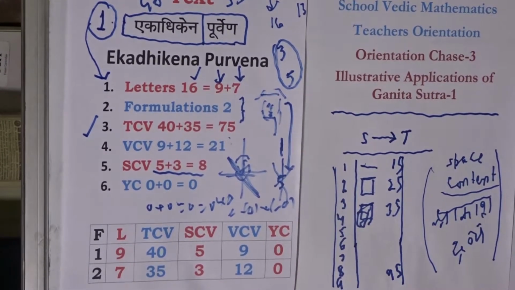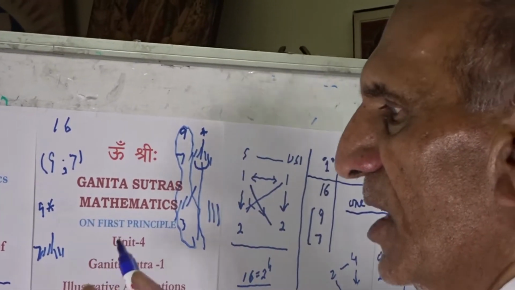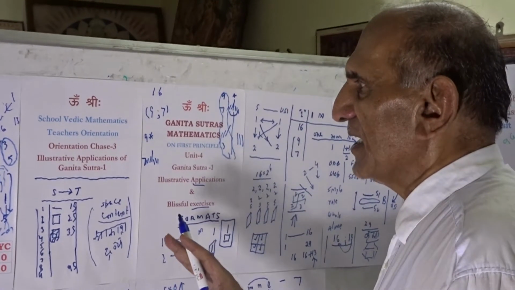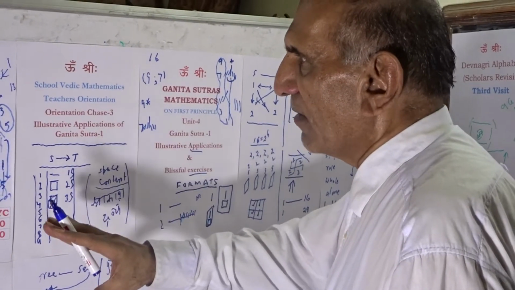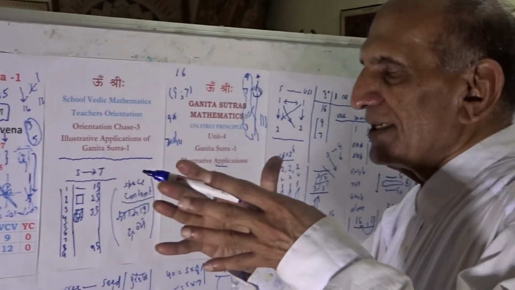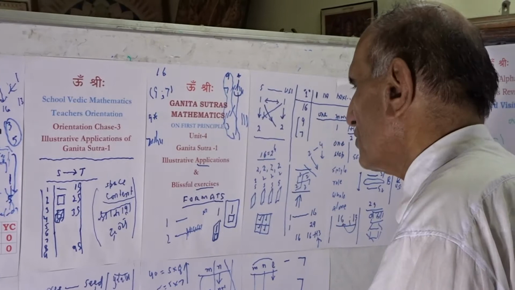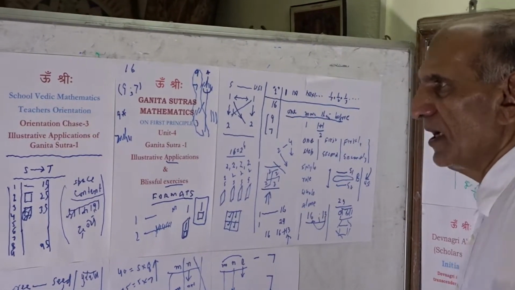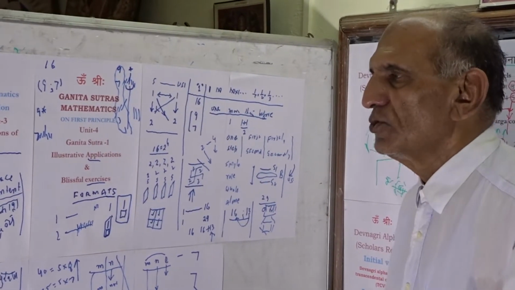Therefore, these students shall be properly initiated, and they shall be properly exposed as to how the formats flowing from within the organization format of Ekadike and Purvain are to be cited, are to be seen, are to be glimpsed, and one is to be face to face with all these features, and it is only thereafter that the emerging formats along with their values and features are to be availed.